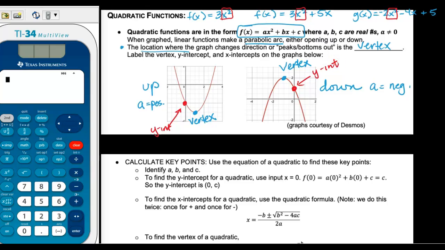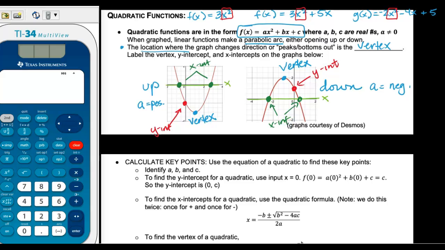And then our x-intercepts are where the graph crosses the x-axis. So that's the x-axis, and we're looking for points where the red graph crosses that x-axis. So right here and right here would be our x-intercepts, and then here and here would be x-intercepts.